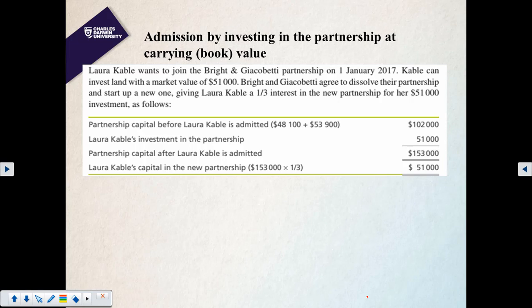The partnership before that was $48,000 and $53,900. That is $102,000. Is that okay? If you divide it by 2, each is actually getting $51,000. Now the new partner is coming and contributing 51,000. So basically whatever he is contributing to the business, he is getting exactly the same. Is that okay?